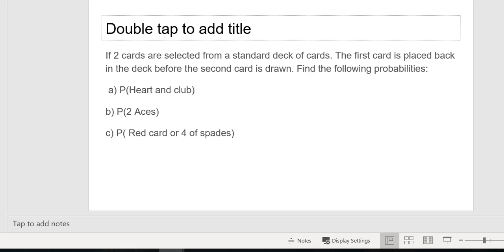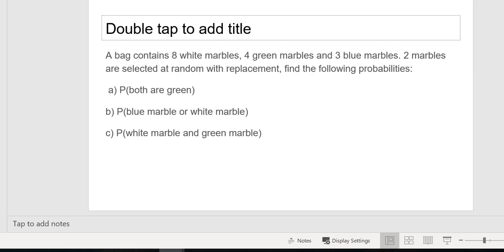Alright, let's skip down here because it makes life a lot easier. A bag contains 8 white marbles, 4 green marbles, and 3 blue marbles, and 2 marbles are selected at random. First thing you have to do is figure out how many total marbles we have: 8 plus 4 plus 3, a total of 15. Both are green. The first one is green, so 4 over 15, and the second one is green, 4 over 15.